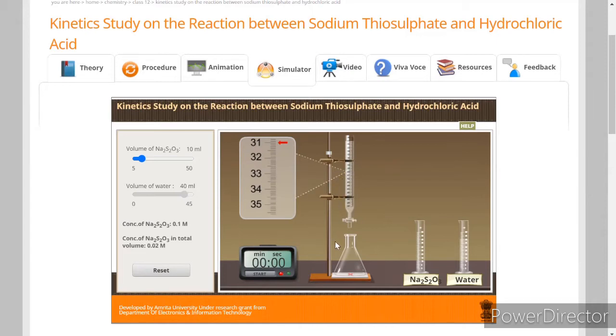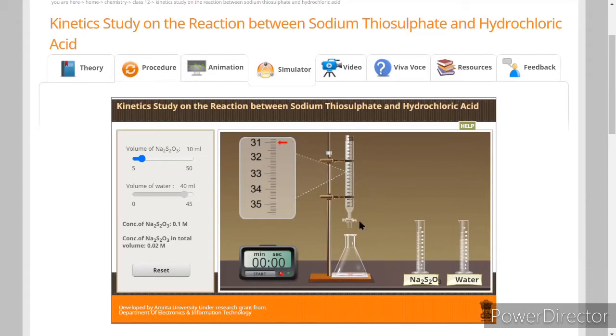This is the burette, and this one is the conical flask. At the bottom of the conical flask, there is a cross mark on the tile. When the reaction occurs, the cross mark will become invisible. And this is the measuring jar of sodium thiosulfate and also the water.